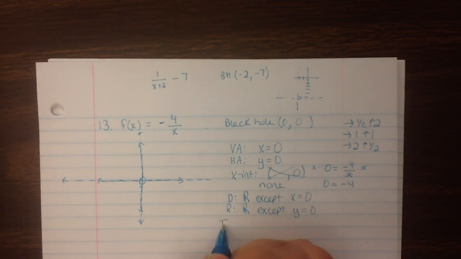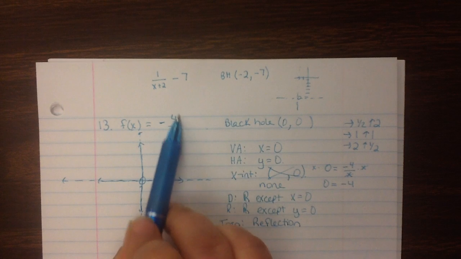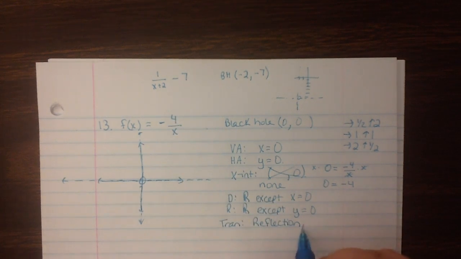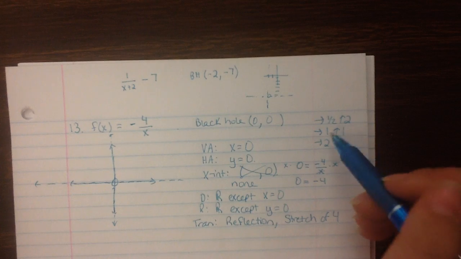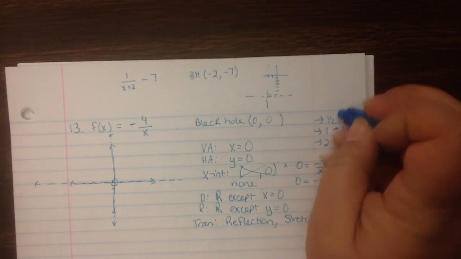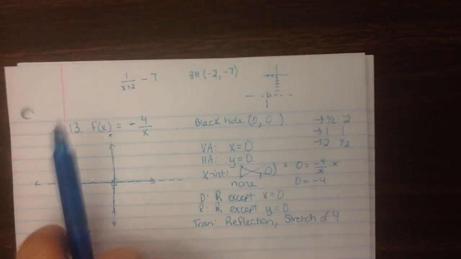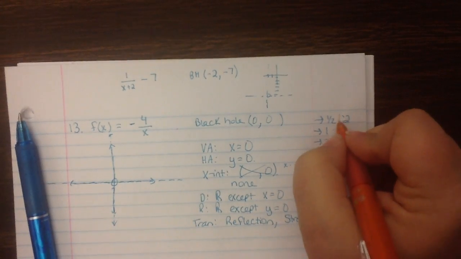This negative gives me a reflection, and any number up here gives me a stretch or a compression. Remember, it's a stretch if it's bigger than 1, and it's a compression if it's between 0 and 1. So this is a 4, that's definitely bigger than 1, so it's going to be a stretch. What a reflection does to my points is it takes all of these arrows that were pointing up and they now point down.